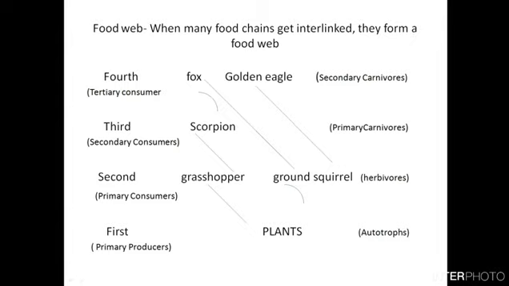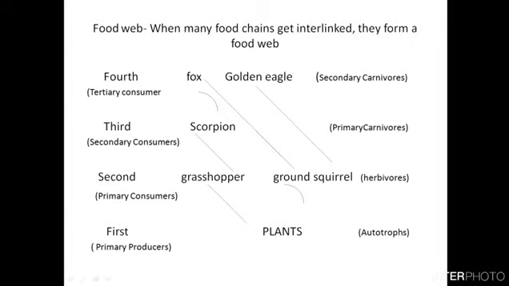So the grasshoppers may be further consumed or eaten by scorpions. This is known in the third level as the secondary consumers, or they are also known as the primary carnivores. One animal eating another animal is known as a carnivore, but they come under the primary carnivores.